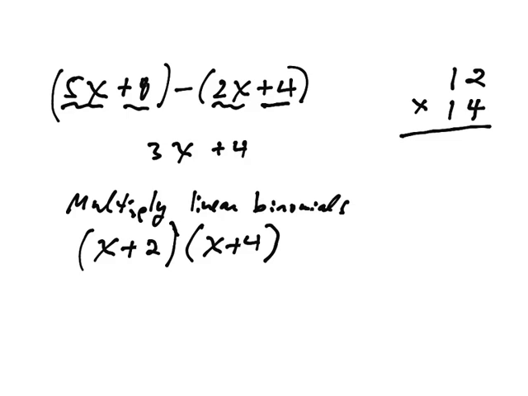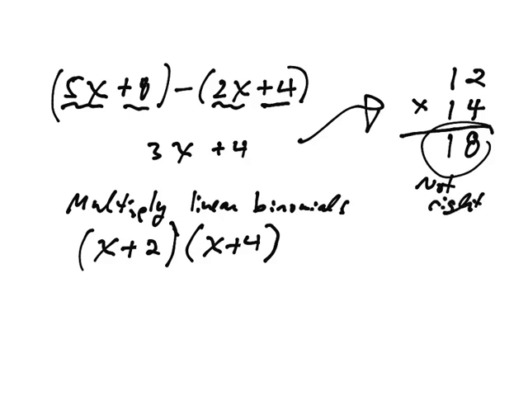A mistake that children sometimes make in doing a question like this is they try to just multiply, 2 times 4 is 8, 1 times 1 is 1, and of course that's not right. No, to multiply 12 times 14 is not 18. You can't just multiply the way that you add, just working your way down.